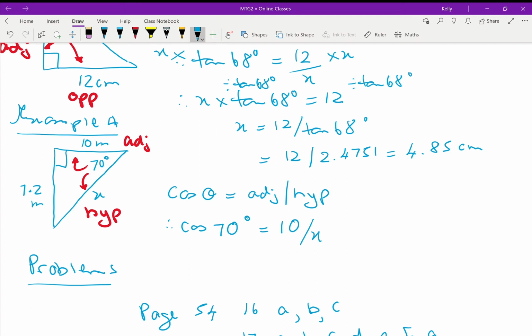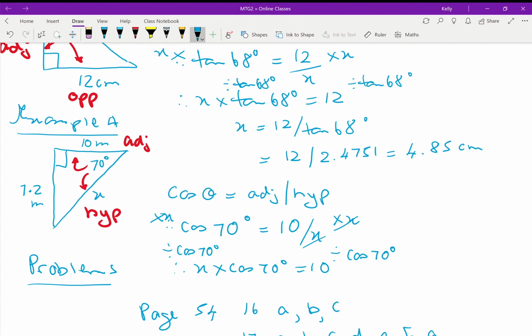Now once again, the x is on the bottom. I need to move that to the top. To move something to the top, I multiply by x. The x's cancel out, so therefore x times cos of 70 degrees is equal to 10. I need to remove the cos of 70 degrees next to the x, so I divide both sides by cos of 70 degrees.